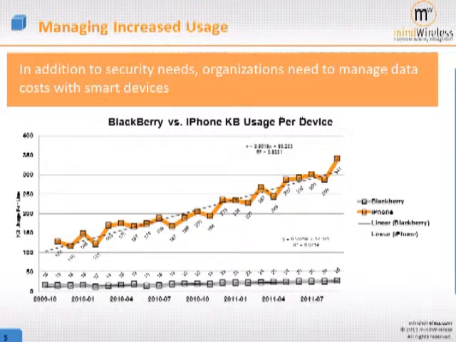Thanks, Michael. So here is a look at some live usage data focusing on just the data side, excluding voice minutes. We wanted to see how data consumption differed between specifically the iPhone and a BlackBerry. I wanted to throw this slide in just to see the impact on usage that these smart devices are having. This is a sampling of our client base looking at average data consumption per device.